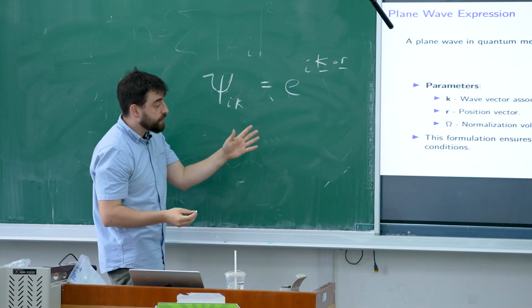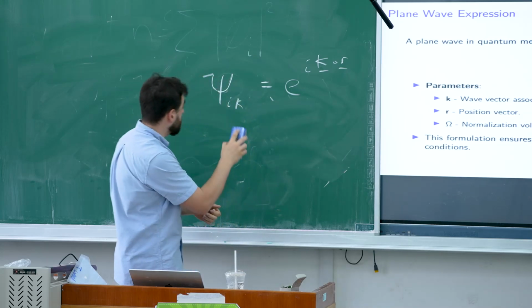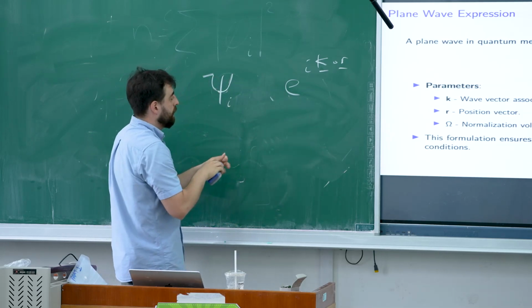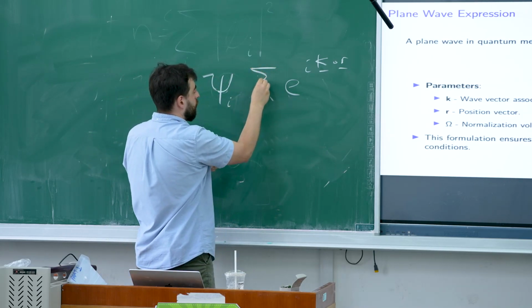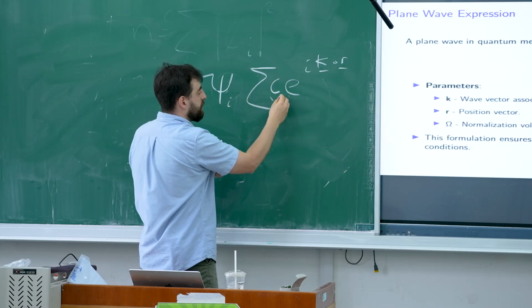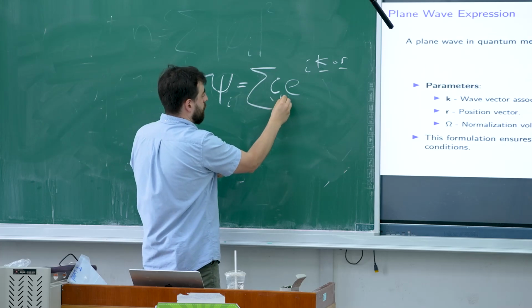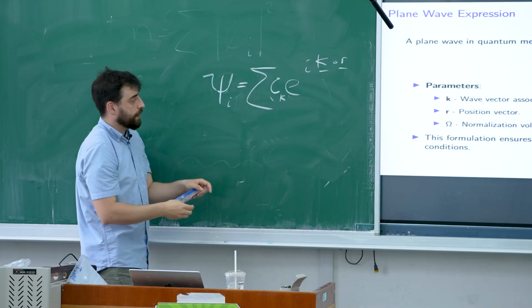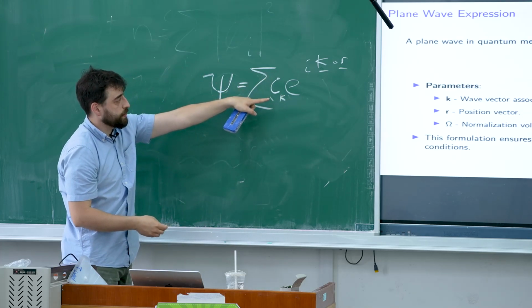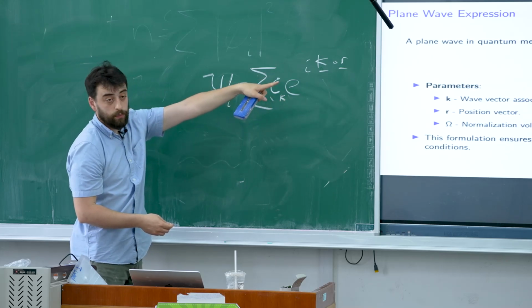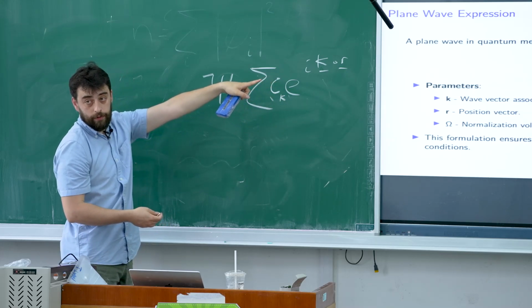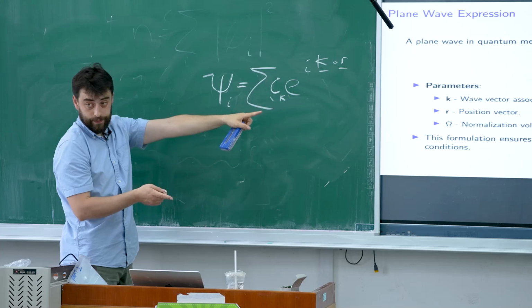But in order to use it as a basis, what we actually want to do is a sum over a bunch of coefficients, something like that. So I'm going to have a bunch of coefficients which are summing over plane waves of various frequencies and directions.